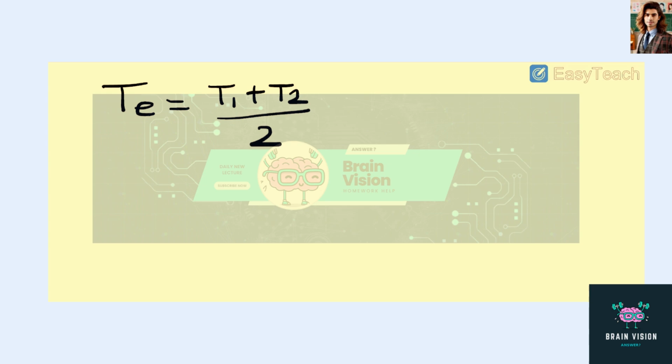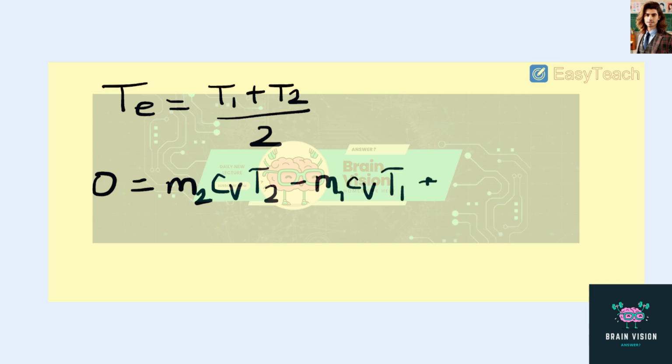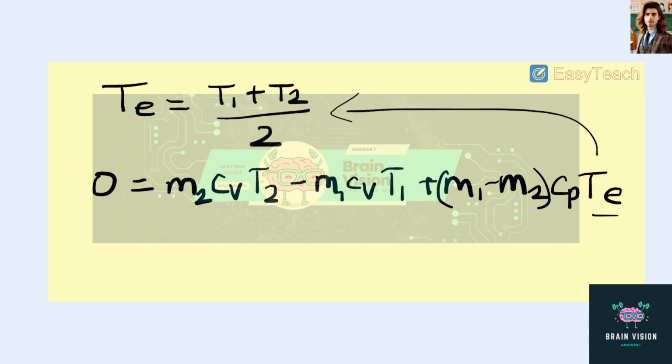So remember that our combination of energy and mass balance equation looks like 0 equals m2 Cv T2 minus m1 Cv T1 plus (m1 minus m2) Cp Te. So this Te term is this relation right here.